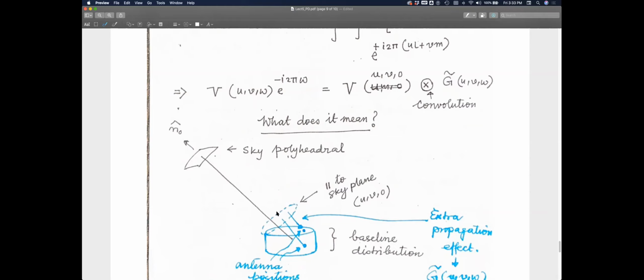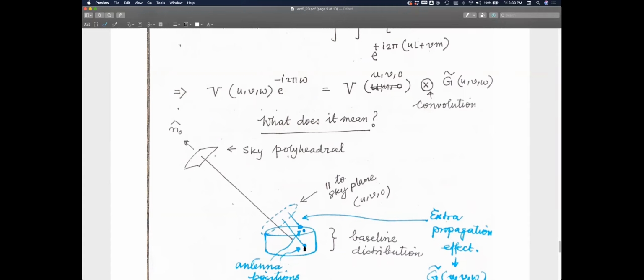If I had all my antennas at this plane, or the baselines at this plane, then that would be the measured visibility. I would not have any w term. But my antennas are somewhere here or somewhere here. What it amounts to is a propagation of that electric field, which I could have measured here if the antenna was here, to there, or the propagation from here if I'm measuring here, so then from there to there. So there is this extra propagation, and this extra propagation is by w. So that is this kernel. This G is nothing but the effect of that extra propagation.